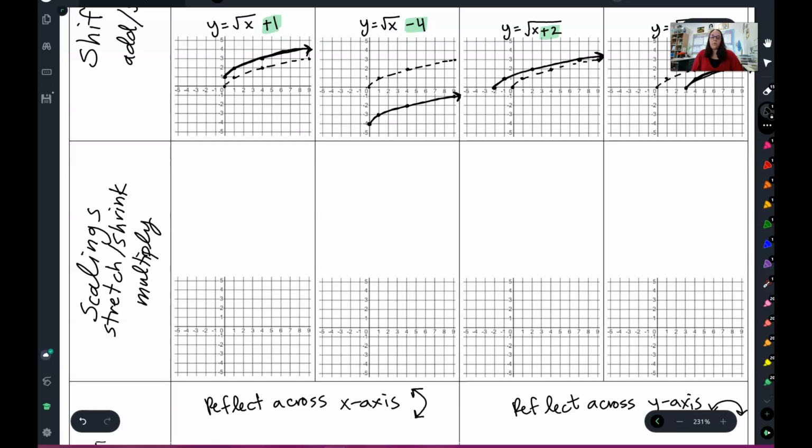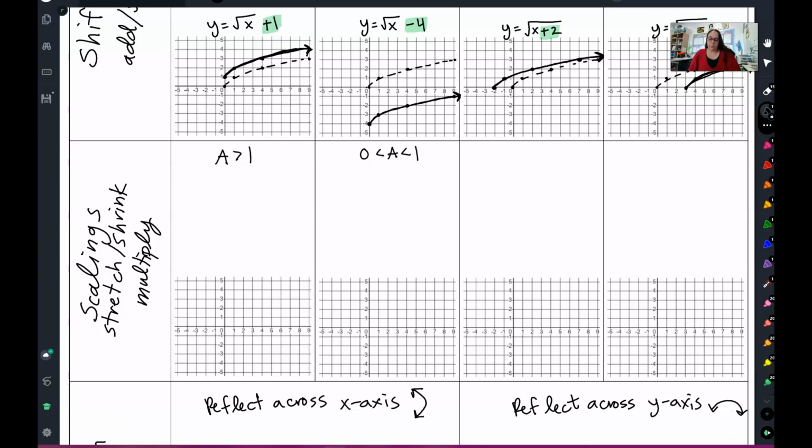Scalings happen when we are multiplying by a number. Now, there are 2 types for this one too, just like with shifts, we had adding and subtracting. For scaling, we can multiply by a number greater than 1, or we can multiply by a number between 0 and 1.